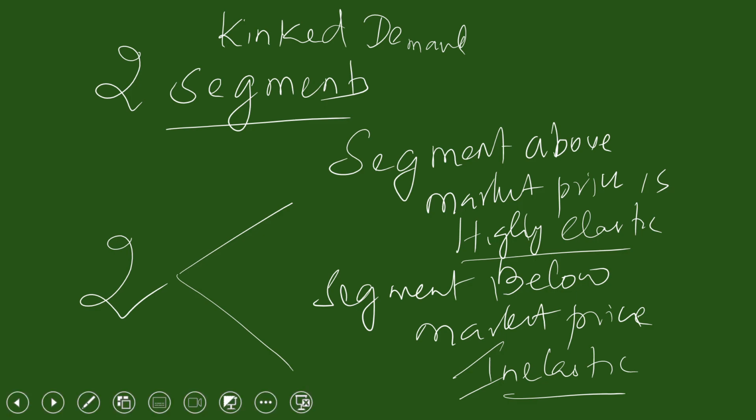This can be explained with a normal diagram. So we can start with a normal diagram. The x-axis is output and the y-axis is price.